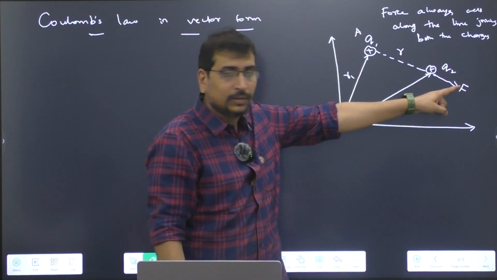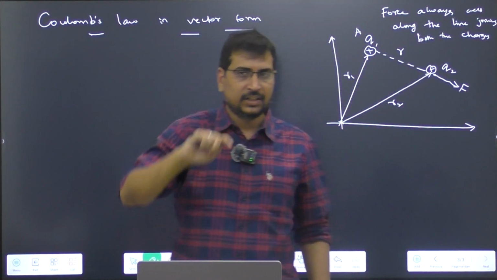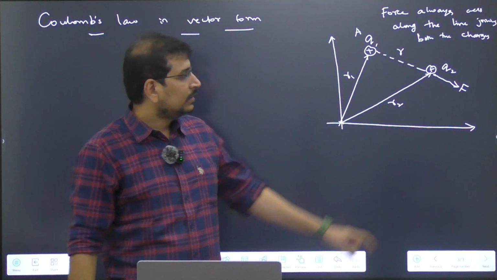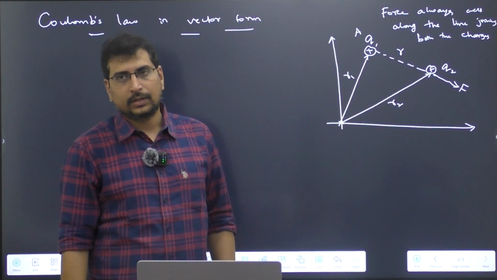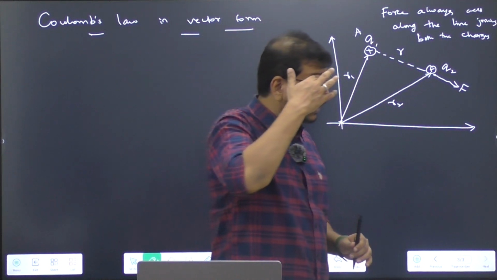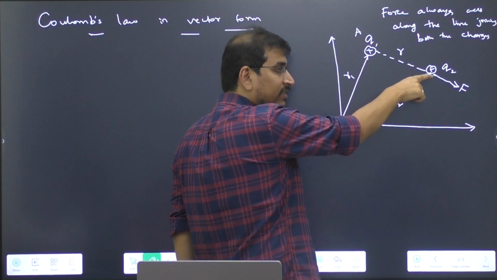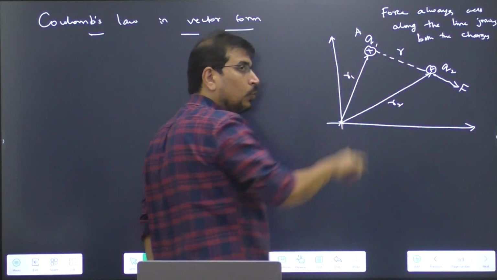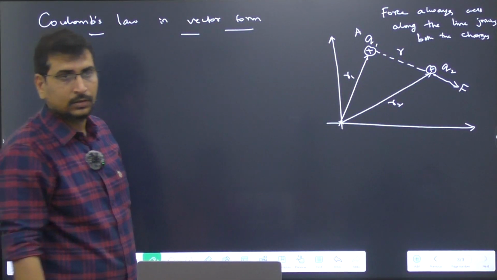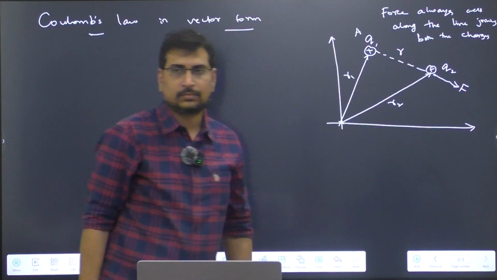So this F is the one which I wrote in the scalar form. The magnitude K Q1 Q2 divided by R square. But since I am giving an arrow mark here, I need to give a notation. Right. So can you tell me what is happening here? At this point, is the second charge experiencing the force due to one or vice versa? Who is experiencing the force in this direction?